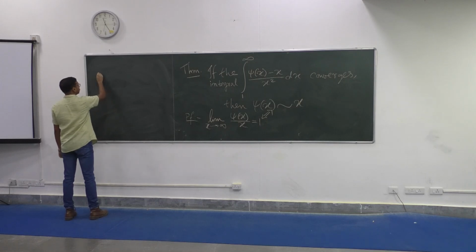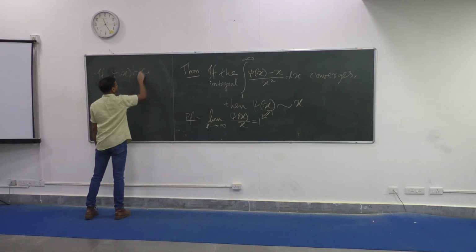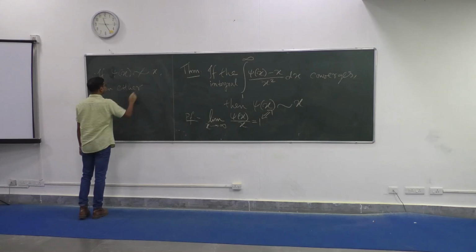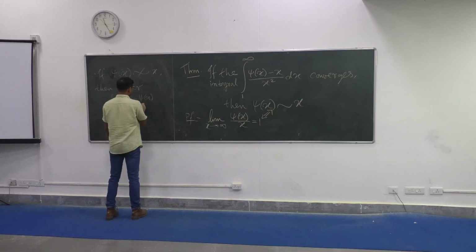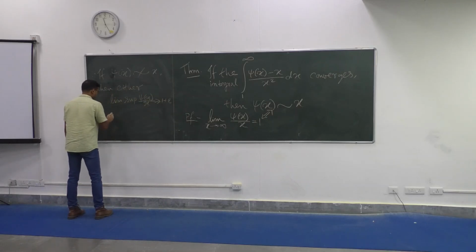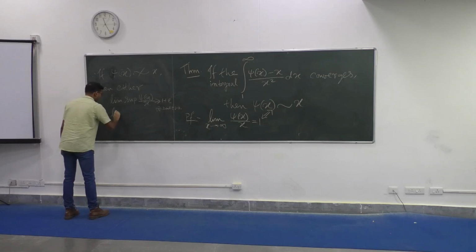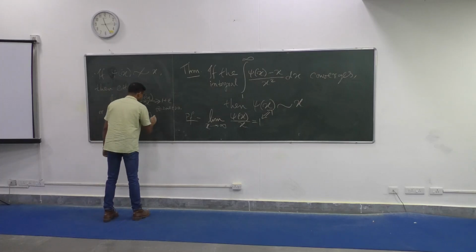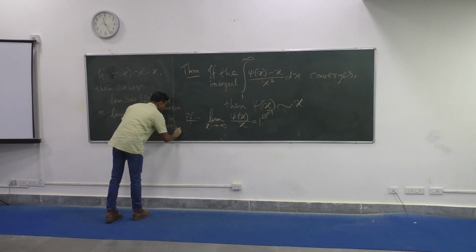So this means if psi x is not asymptotic to x, then either lim sup of psi x by x is greater than or equal to 1 plus epsilon for some epsilon, or lim inf of psi x by x is less than or equal to 1 minus epsilon for some epsilon greater than 0.